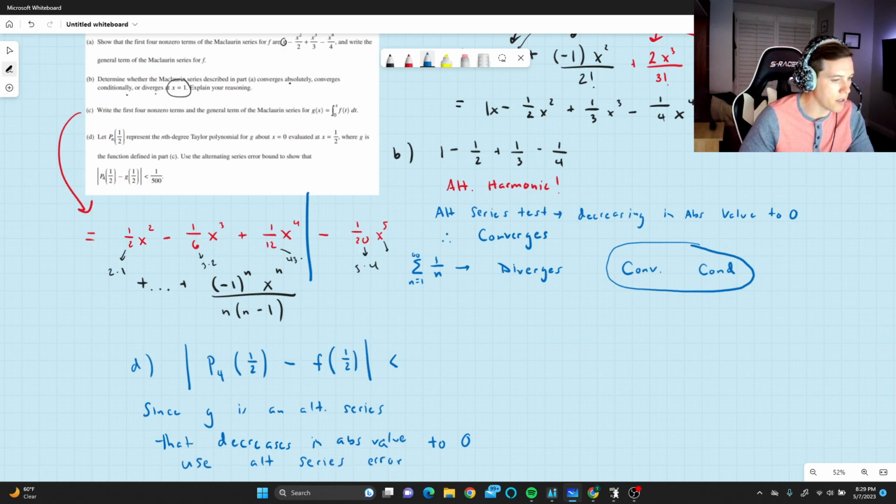Say that phrase if you see an alternating series error bound. Yeah, that would be partial credit on this past one if you got the general term wrong for sure.